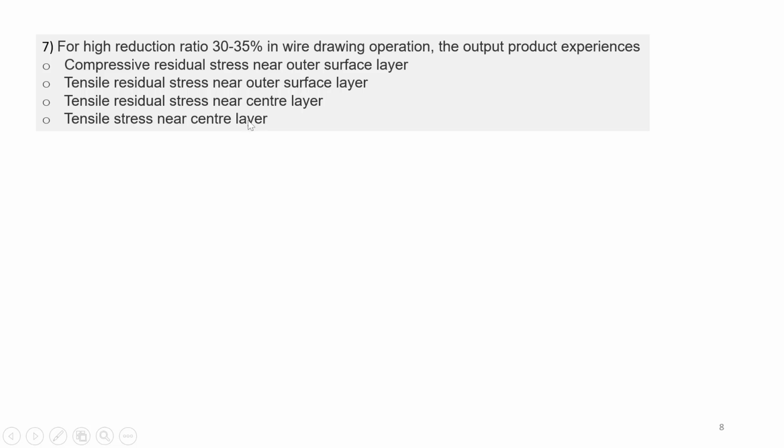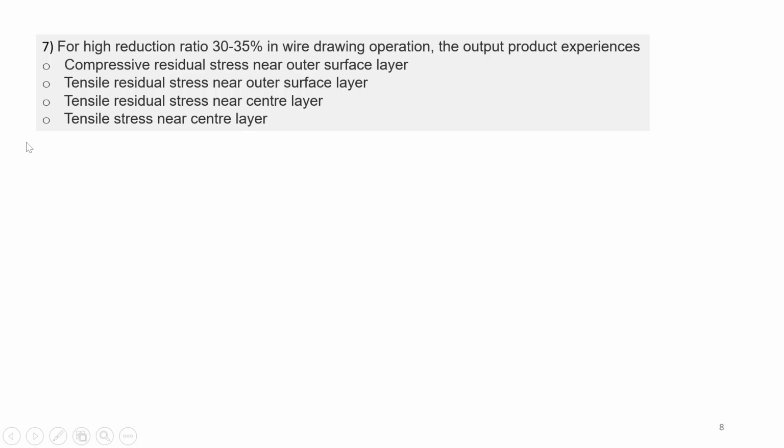So here you have to keep the image of this wire drawing operation in mind, like how wire will be squeezed into the die and how it will change its size, and where should be the tensile residual stresses and where should be the compressive stresses.